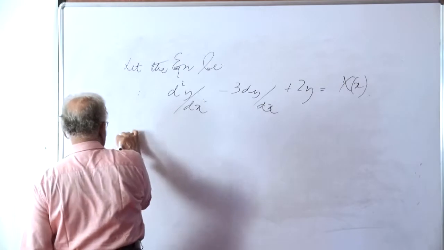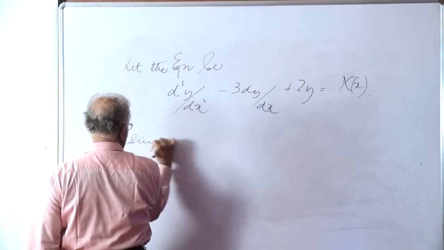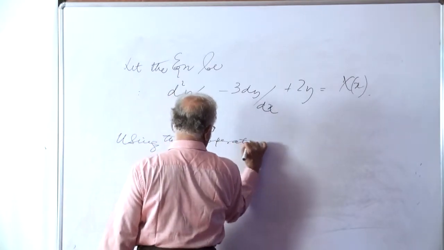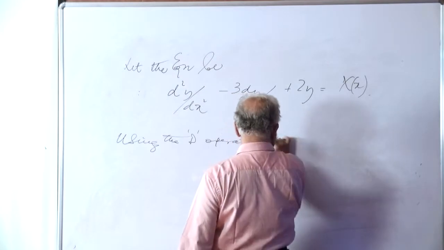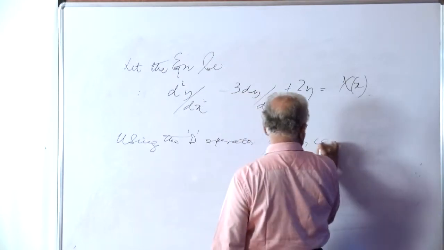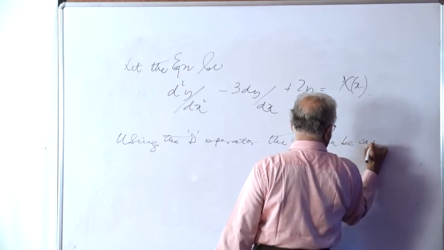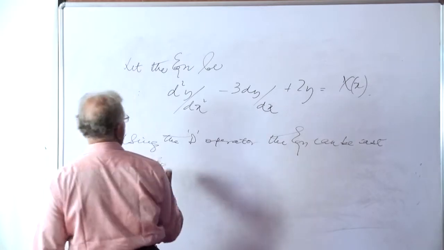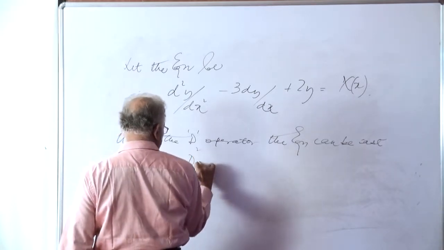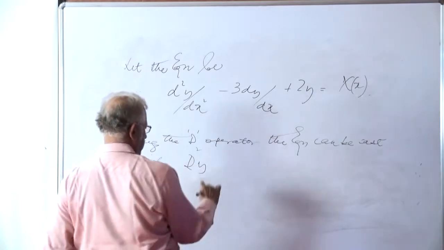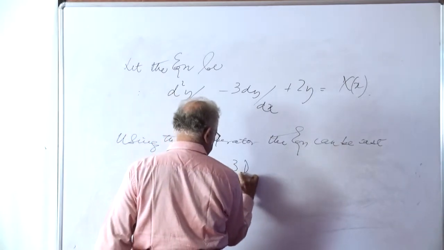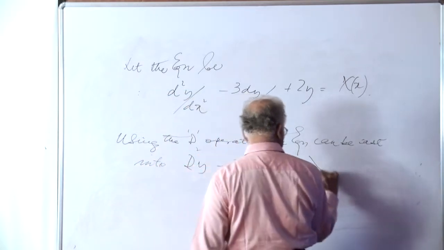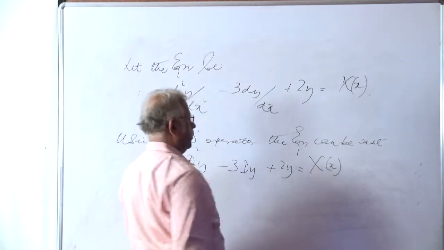Now, using the D operator, the equation can be cast into d2y minus 3 dy plus 2y is equal to a function of x.